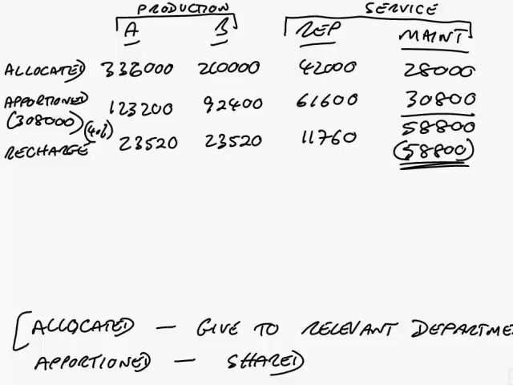And how are we told to charge it? 60% to A, 40% to B. So 60% of that, I think, 69,216 to A. 40%, 46,144 to B.